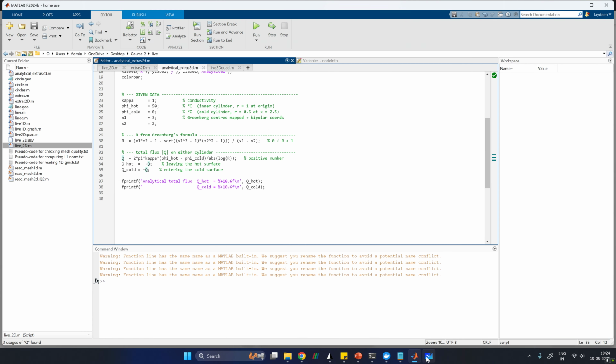So let's understand this from a heat flux point of view. Let's understand what the heat flux is, and just revise that. For our heat balance, in the pure diffusion case, we just write it in this form.